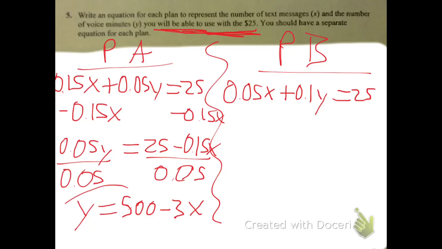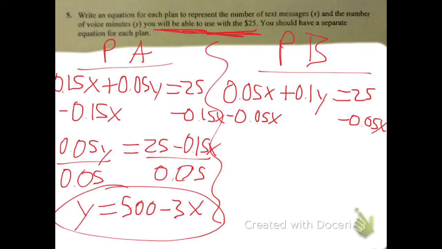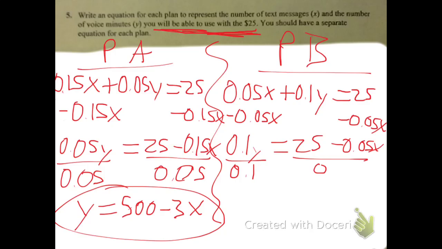Now we got y equals mx plus b form. Right side, you're going to do the same steps, minus 0.05x from both sides, get 0.1y equals 25 minus 0.05x, and we want to get rid of the 0.1 in front of the y, so divide both sides by that.